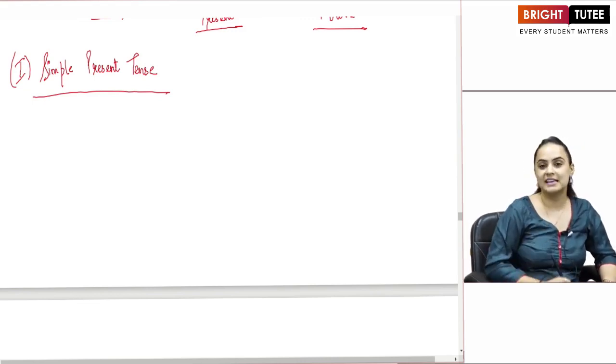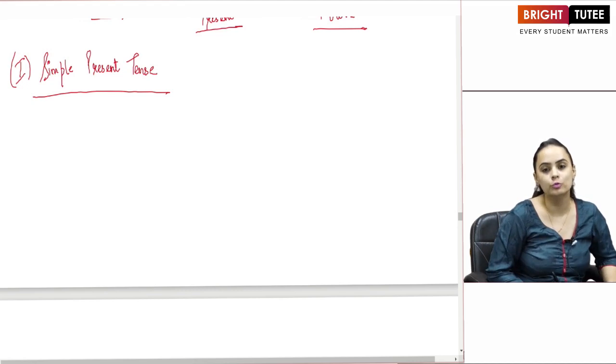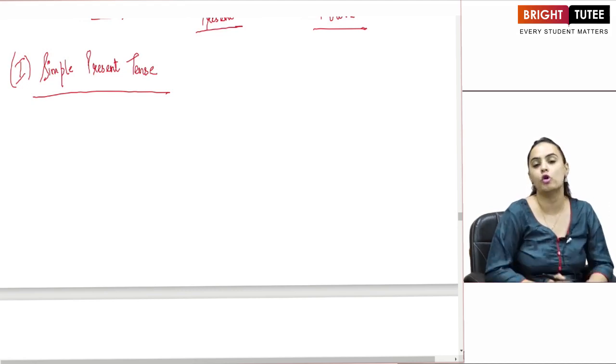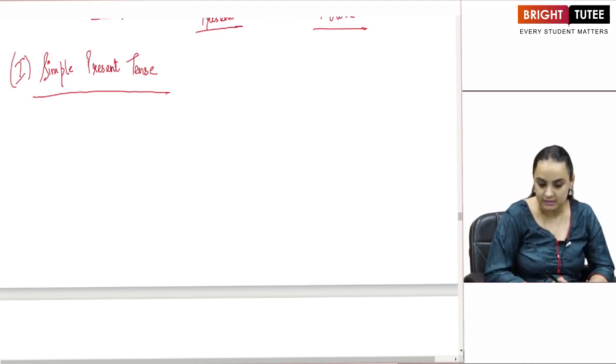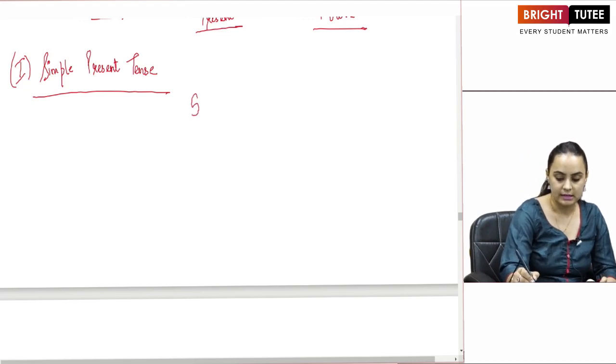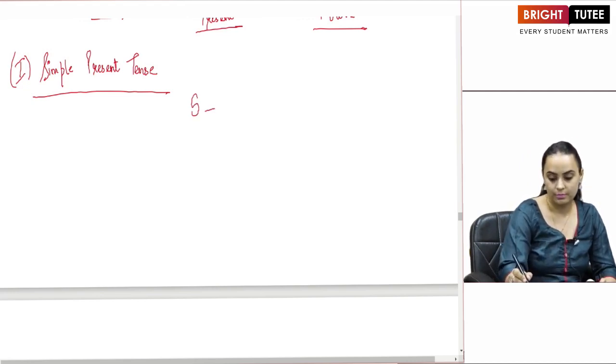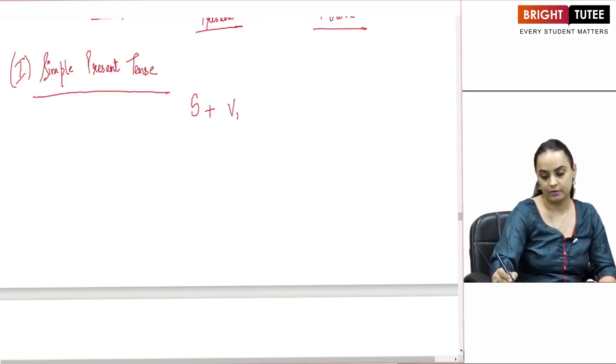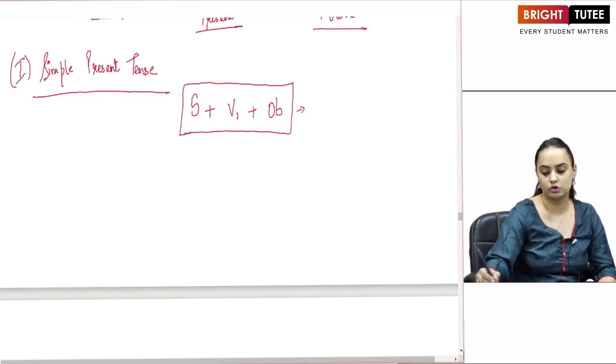Now first, let us talk about the rules, the formation of the simple present. Subject plus first form of the verb plus object. Now this is the basic structure of the simple present tense.